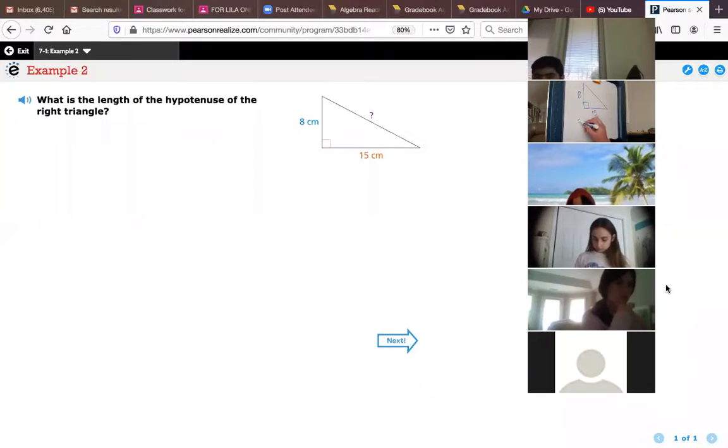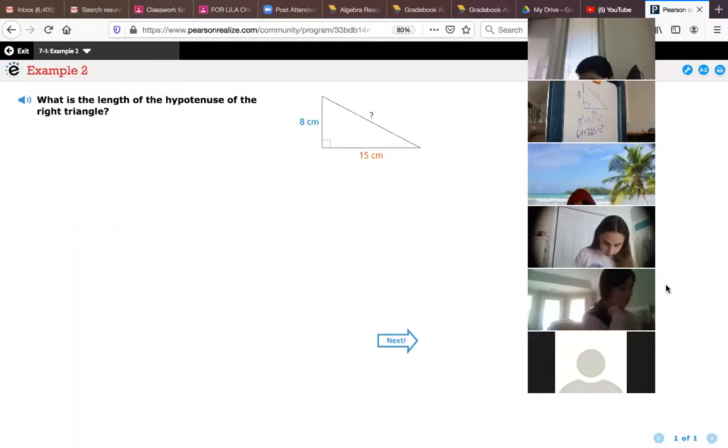8 squared plus 15 squared equals c squared. Good. Okay. What's my next step, Alec? Find what 8 squared is. Which is? 64. Plus? What 15 squared is, which is 225. Good. What's going to be your next step here?